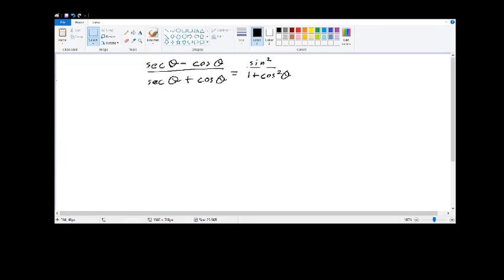I'm seeing that this could possibly be a little complicated just because we would end up with something along the lines of secant theta plus secant cosine squared minus cosine minus cosine cubed theta.